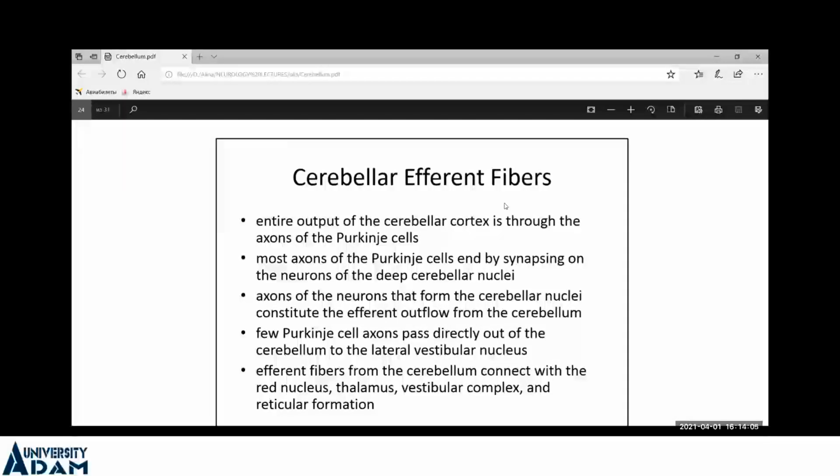And most axons of the Purkinje cells end by synapsing on the neurons of the deep cerebellar nuclei, okay, guys? So they are synapsing not only in the cerebrum but also in the deep cerebellar nuclei. And what here? Outflow, Purkinje axons.